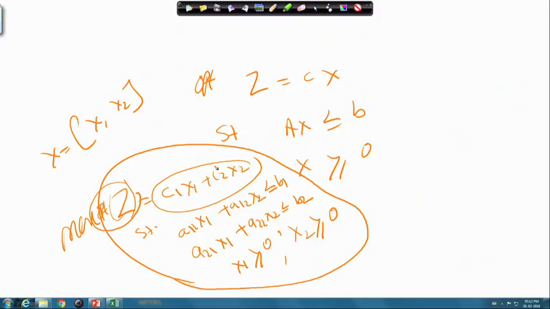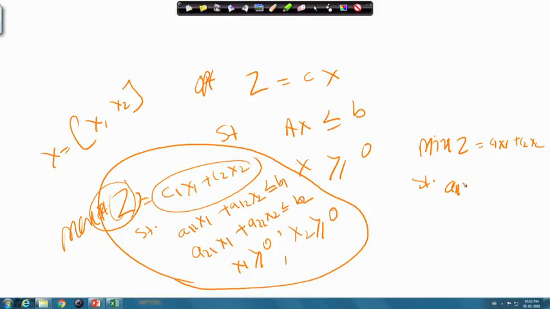Again, in the minimization problem, we can write like this: minimization of z equal to c 1 x 1 plus c 2 x 2 subject to a 1 1 x 1 plus a 1 2 x 2 greater than equal to b 1, and then a 2 1 x 1 plus a 2 2 x 2 greater than equal to b 2, and then x 1 greater than equal to 0 and x 2 greater than equal to 0.